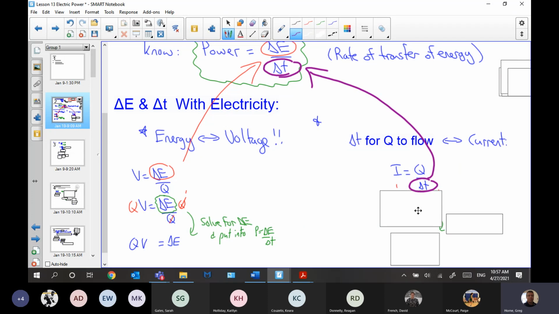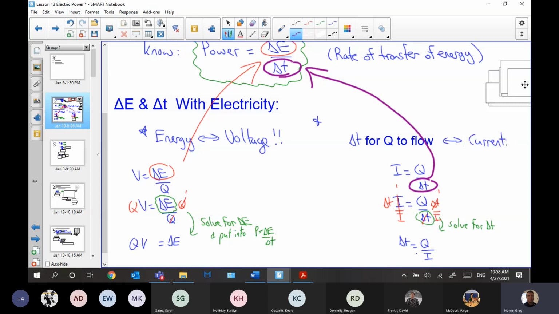This one, we're going to solve for delta T. So, mathematically, I'm going to multiply both sides by delta T, and then I'm going to have to divide both sides by I. So it's not super difficult math here. It's just sort of recognizing concepts, what you need to do, right? So that gave me delta T equals Q over I, the amount of charge divided by current.